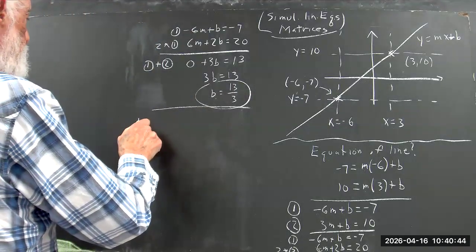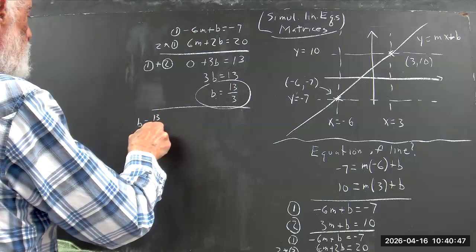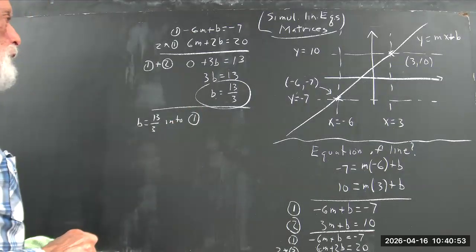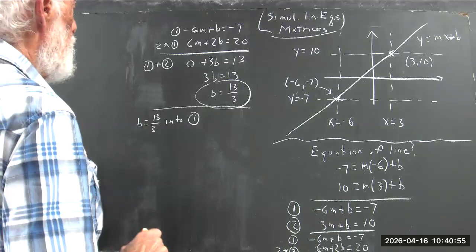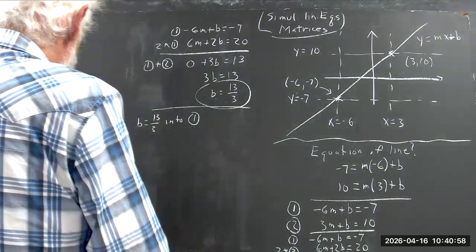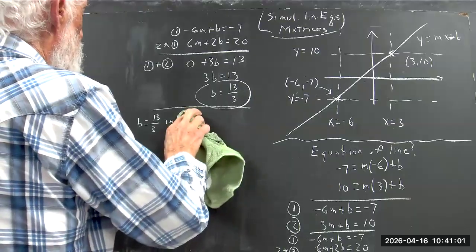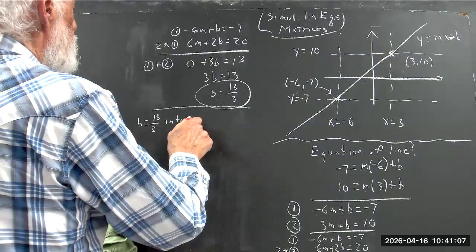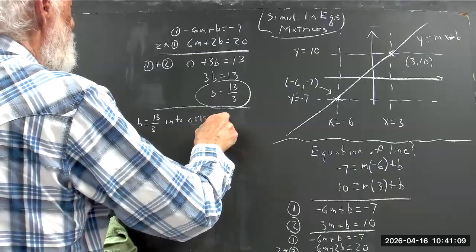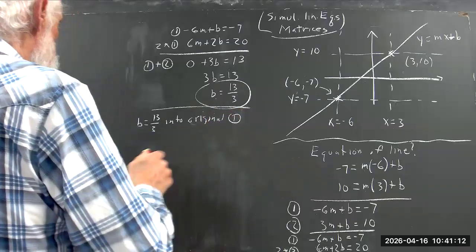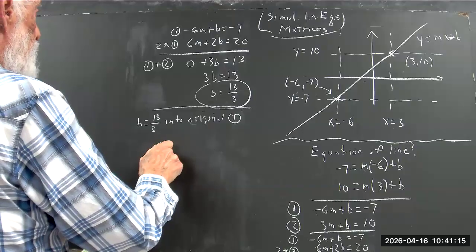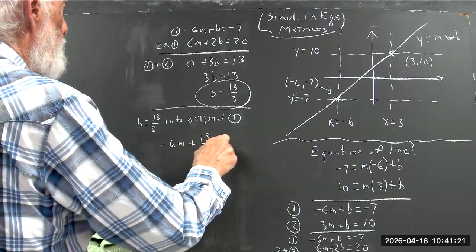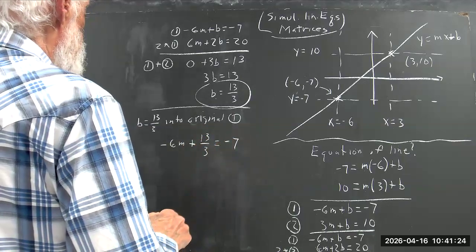So I'm going to say b equals 13/3 into equation 1. Okay. And if I do that, into the original equation 1, I get negative 6m plus 13/3 equals negative 7.